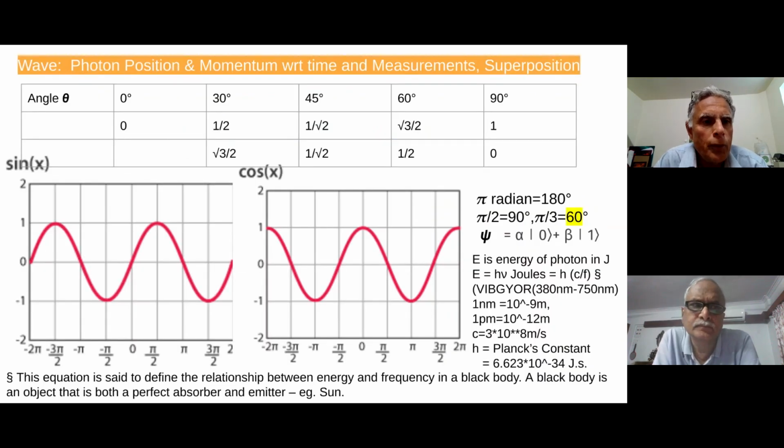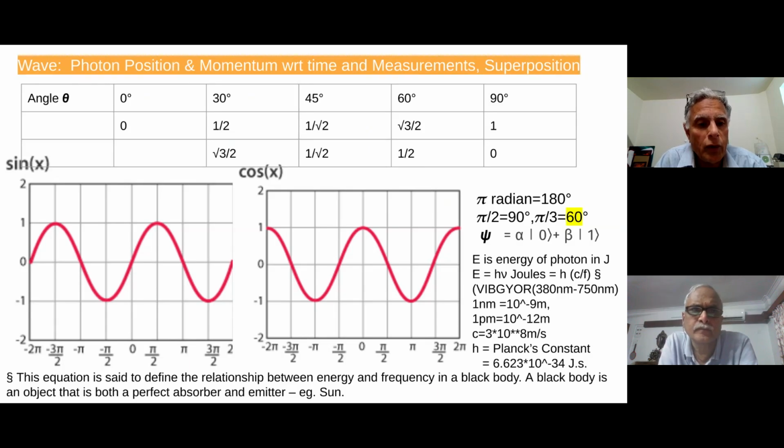So let us come to the physical aspect of quantum, which is represented by a photon or an electron. Let's just take a photon. A photon is nothing but a packet of energy, which is massless, in the sense that it has zero mass, but it is a packet of light.